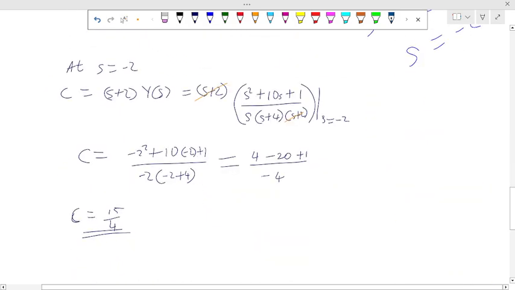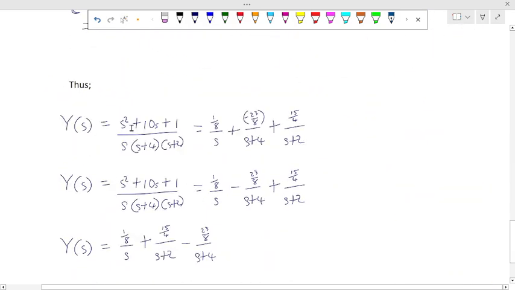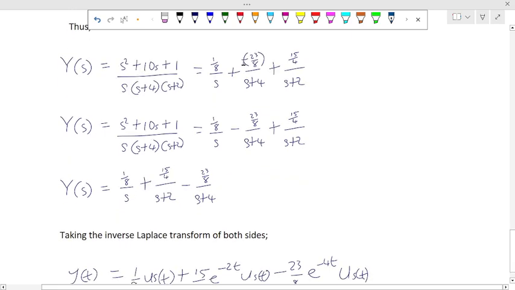So let's go down. Thus y of s equals all this. Okay? And then y of s equals this. I just removed this minus sign here so that this plus will become minus. I just brought out the minus sign. Okay? So now, taking the inverse Laplace transform on both sides, this will become y of t.